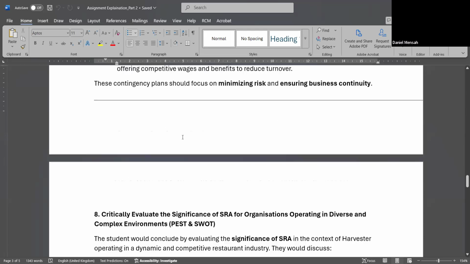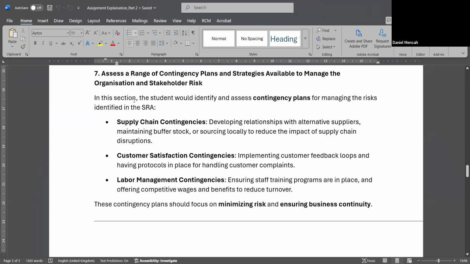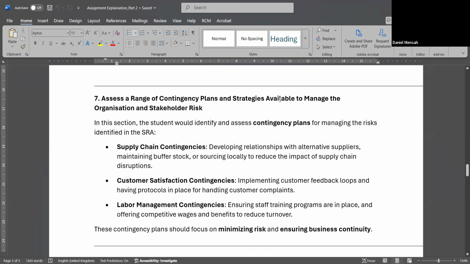The last part. Assess a range of contingency plans and strategies available to manage the organization and stakeholder risk. If you remember, we just discussed yesterday stakeholder expectation. If you are not meeting those expectations, then it turns into risk.